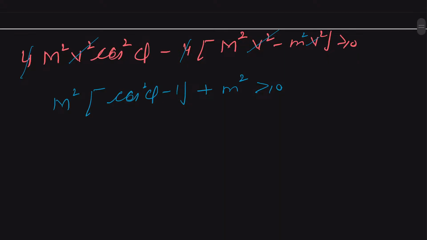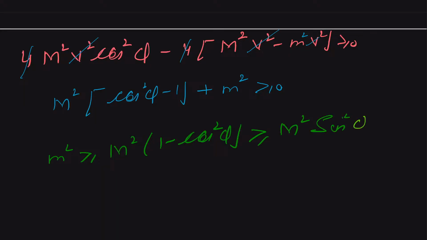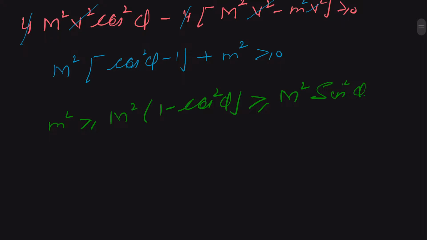And from here we can write that our M square is greater than or equal to, and we can say this is our M square times 1 minus cos square phi, and we can write this as our M square sin square phi.